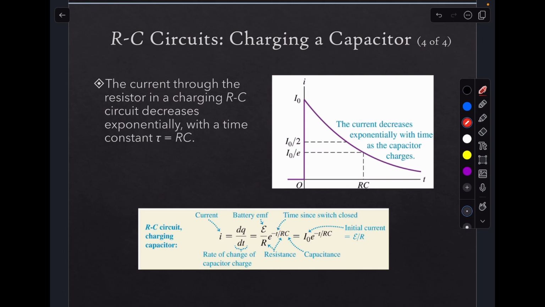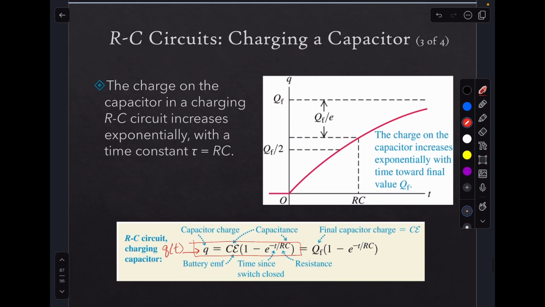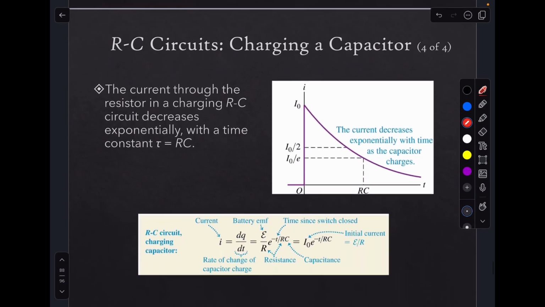So we can track now the current, which we do realize is the rate of charge with respect to time. And if we take the derivative of this function up here, we get the following function down here.